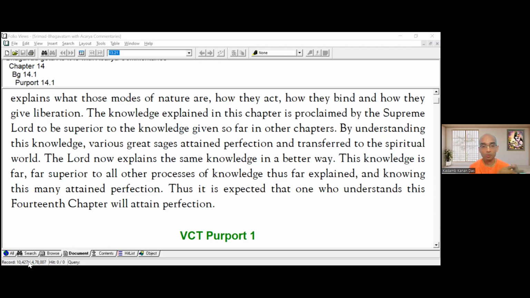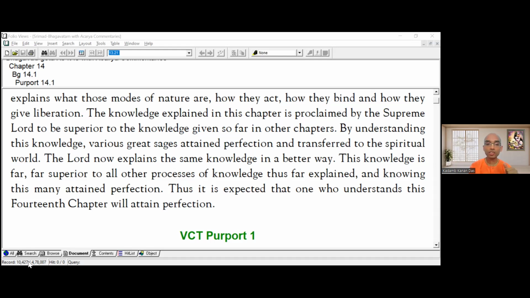So some knowledge is helpful in the performance of bhakti. That's why this knowledge is considered more superior or quite better. Otherwise, we should not wrongly think that Jnana Yoga is much better than Bhakti Yoga. This knowledge is helping us to do Bhakti Yoga in a better way. That's why this knowledge is considered more superior. So this was the first verse.